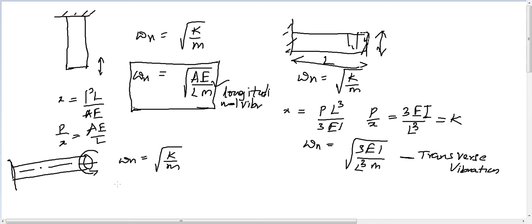To find that, we can use the basic torsion formula, T by J equal to G phi by L, where G is called the rigidity modulus, phi is the angle of twist, L is the length of the shaft, J is the polar moment of inertia, and T is the torque we are applying.